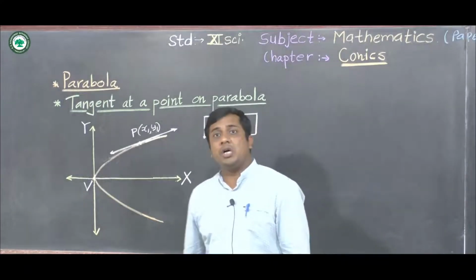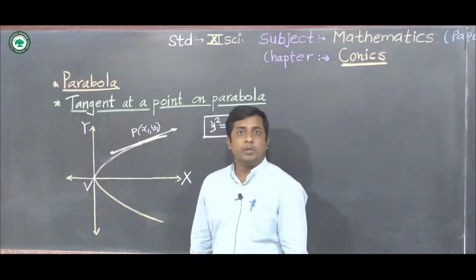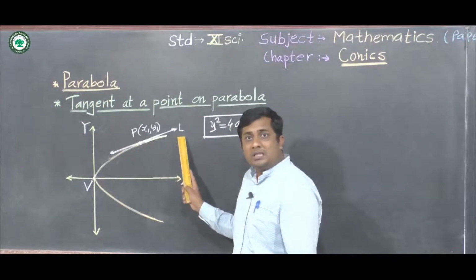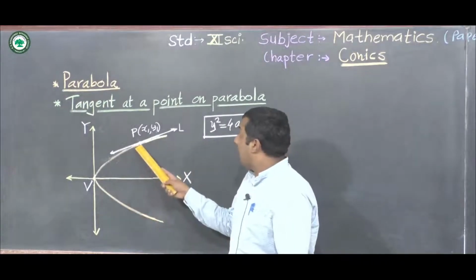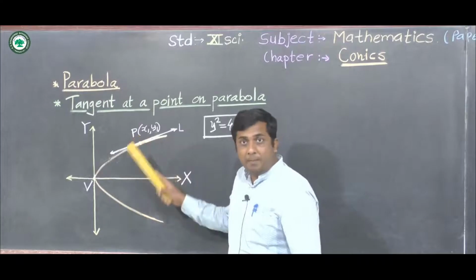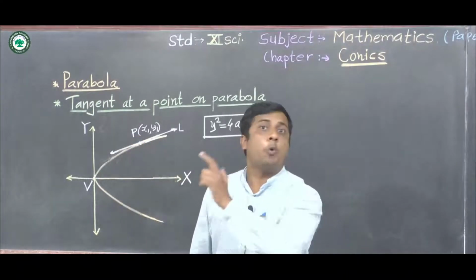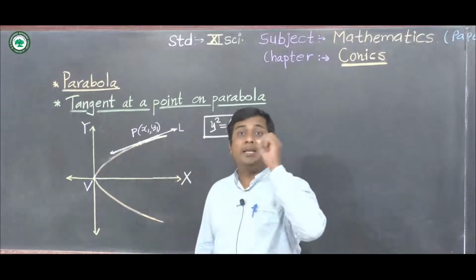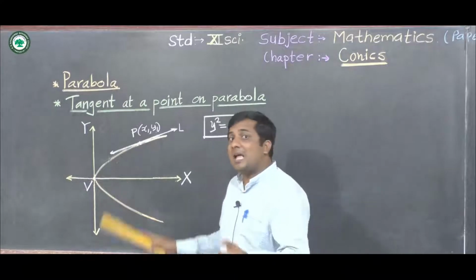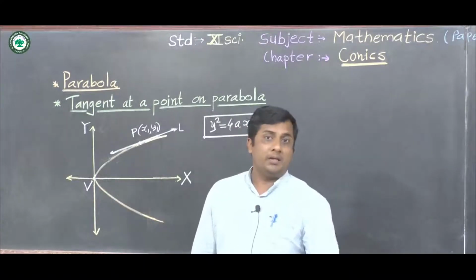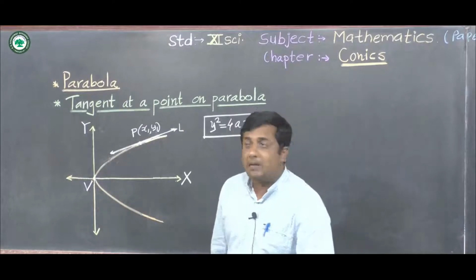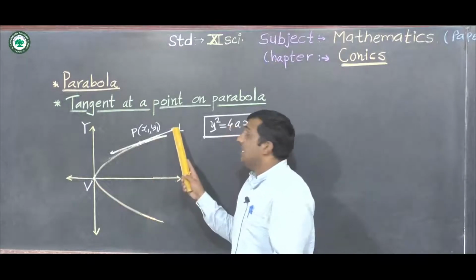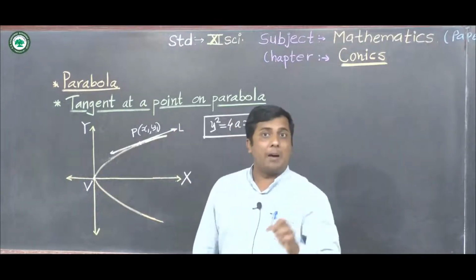To define the tangent, we consider one figure. Here we consider one line, suppose this line is L. This line touches the parabola at point P. Remember, we consider only one point, and this line touches the given parabola at point P. Since this line touches the parabola at only one point, this line is called a tangent of the given parabola.